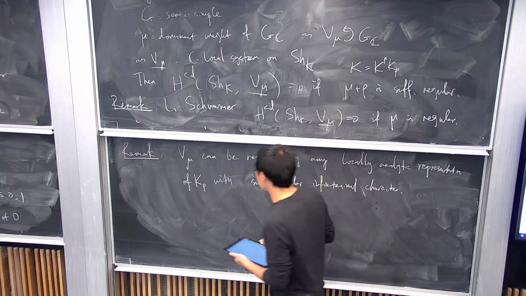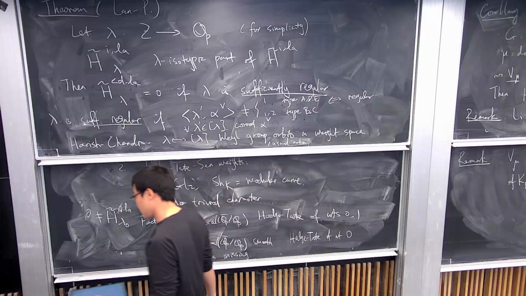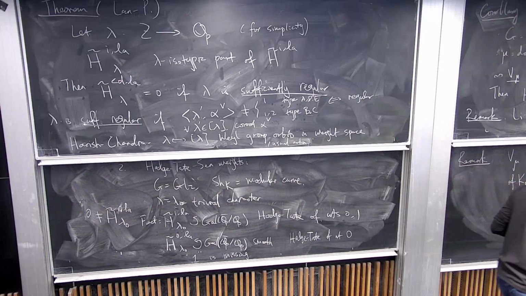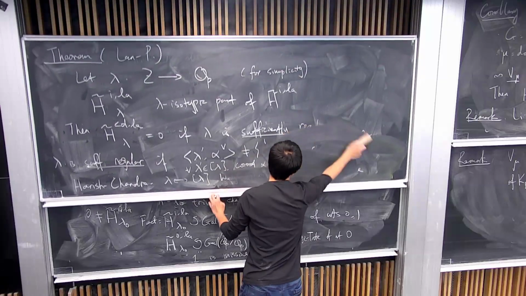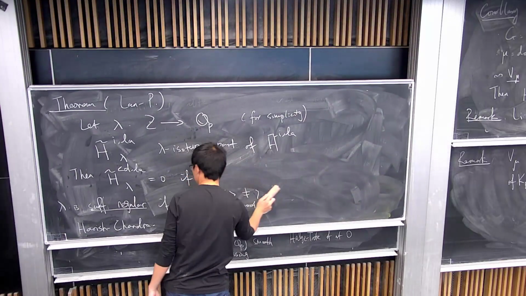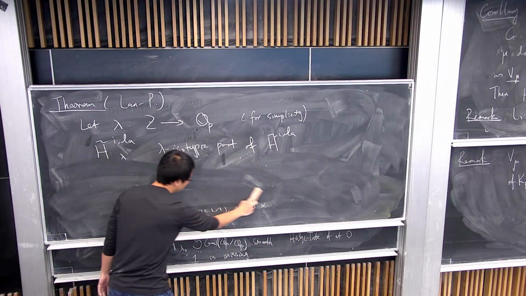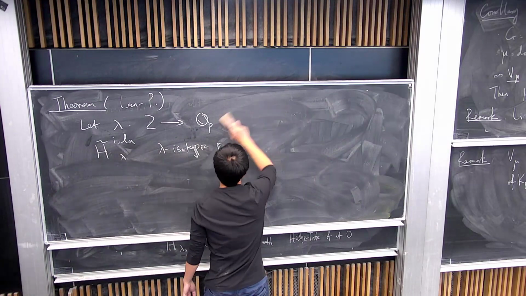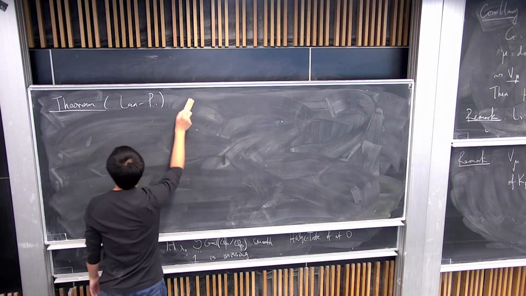Okay, so this proof is geometric. What are the ingredients used in the proof? First, the completed cohomology is defined by, as you see, vanishing cohomology.